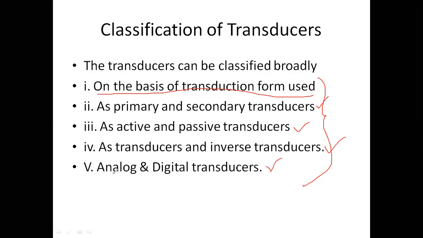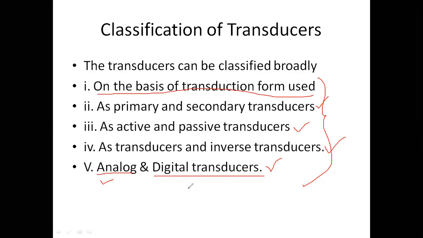An analog transducer accepts an analog signal as input and produces an analog output, meaning it produces output in a continuous time domain. If the transducer gives output in digital form, in the form of pulses, it is called a digital transducer.